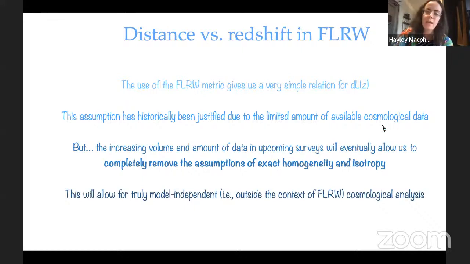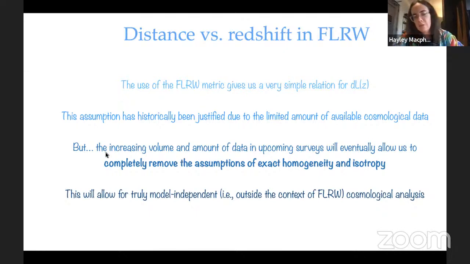And so obviously using the FLRW metric gives us this very simple relation for the luminosity distance as a function of redshift. And given the historically limited amount of available cosmological data, the assumption of the FLRW model has historically been justified, because we've got limited data. If we want to extract any kind of cosmological information from it, we need to make some quite simplifying assumptions to be able to do that.